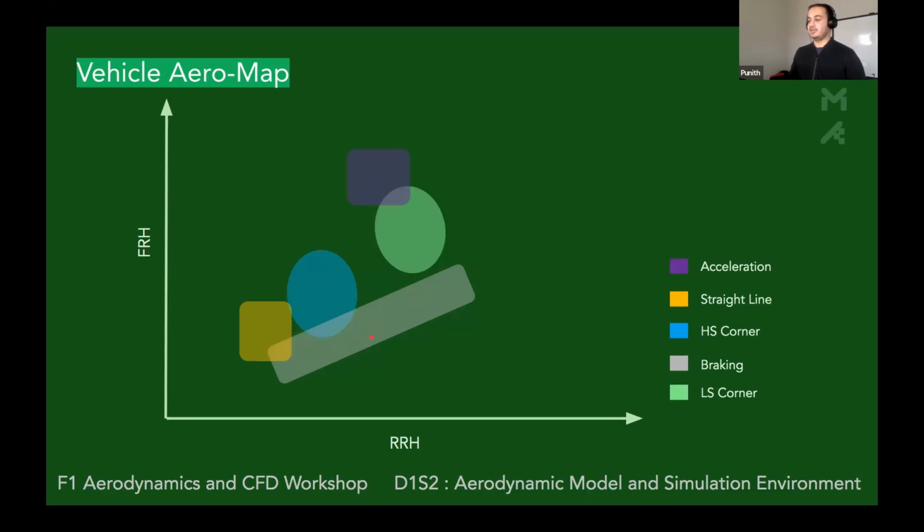So if you specify that I want to look at a high speed corner, then you're going to be looking at some of these points, some of these ride heights from here. So a front ride height of some value, say 15 or 20, and rear ride height of 60 or 70 or something like that. So for a high speed corner, that definition generally comes from the racetrack. It tells you the envelope of where the car can sit.